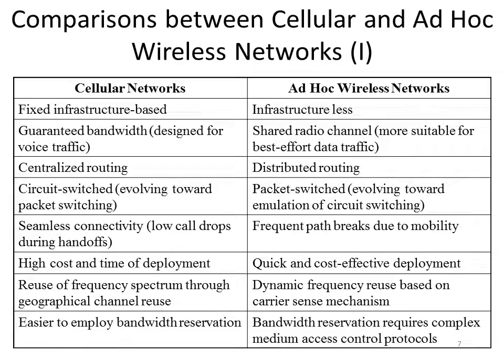These are the various differences between cellular and ad hoc wireless networks. They may be with respect to fixed infrastructure, bandwidth, routing, circuit switching, connectivity, cost and time of deployment, reuse operation, and ease of bandwidth reservation. Based on this, some advantages are available with cellular networks and some with ad hoc networks.